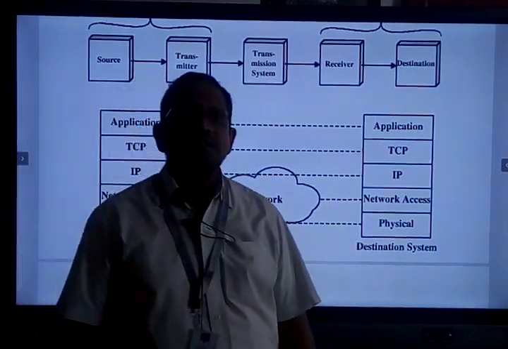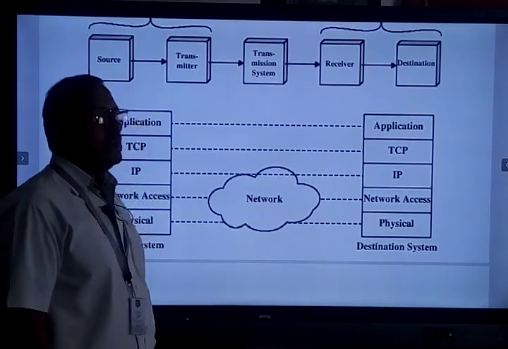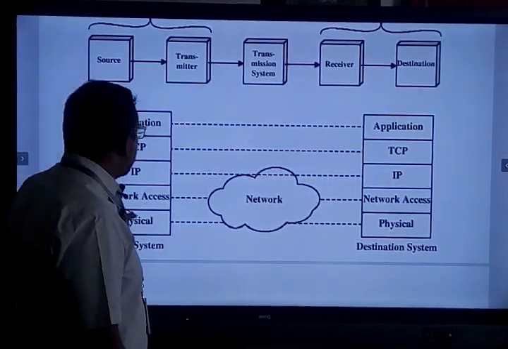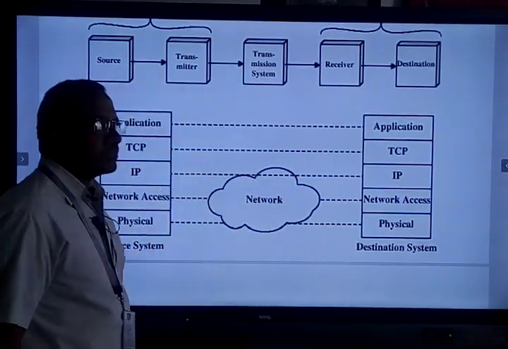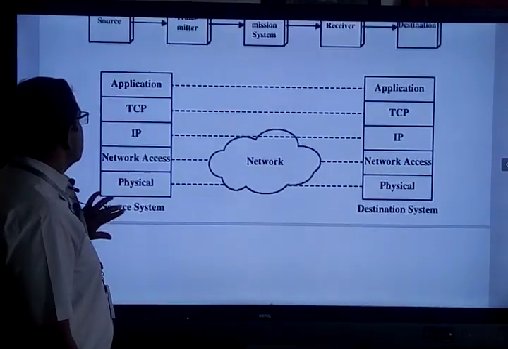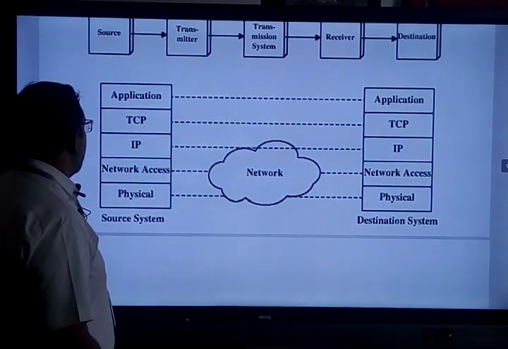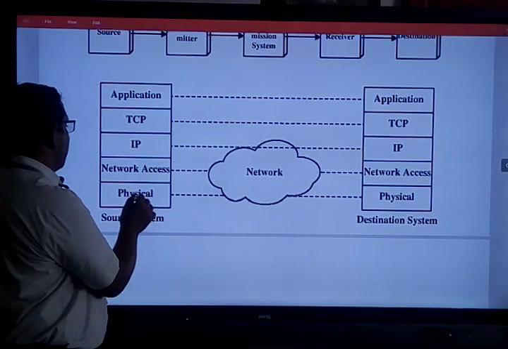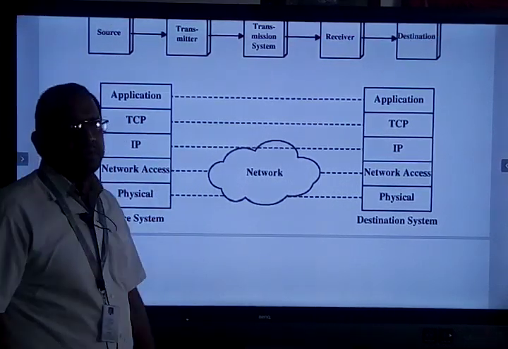The practical internetwork protocol is always going to be a customized protocol. So TCP/IP is a practical layered network architecture model. Using this type of network architecture we normally transmit. Now your network layer is going to function at 2 levels, the network access layer and the physical layer, as far as TCP/IP is concerned.